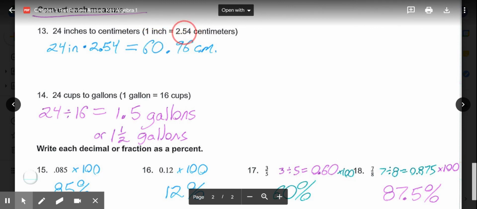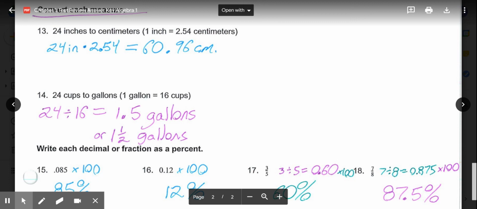So there's always going to be more centimeters than inches. So if I'm going from inches to centimeters and I want more centimeters, it only makes sense to multiply by the 2.54, not to divide. So the 24 inches multiplied by the 2.54 centimeters per inch gives us 60.96 centimeters.